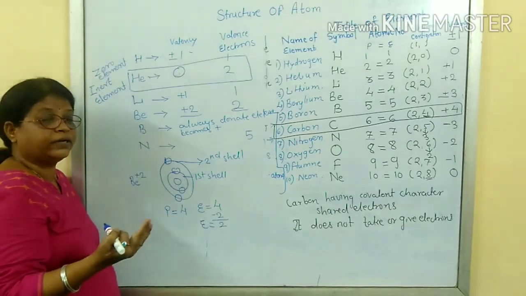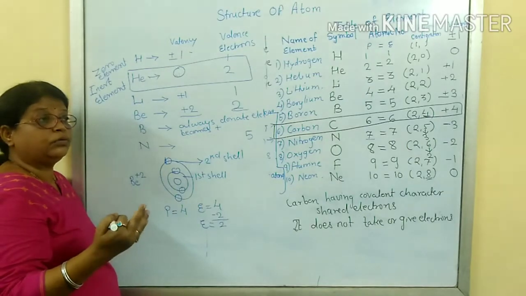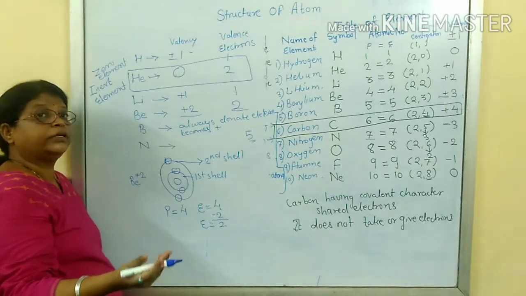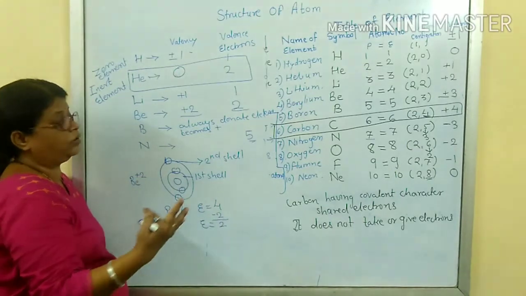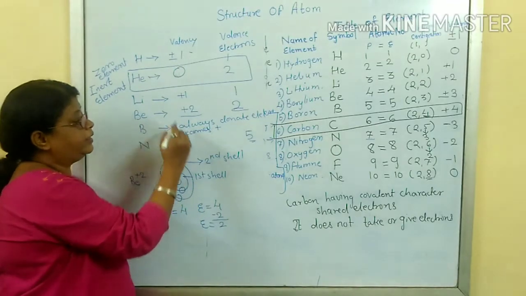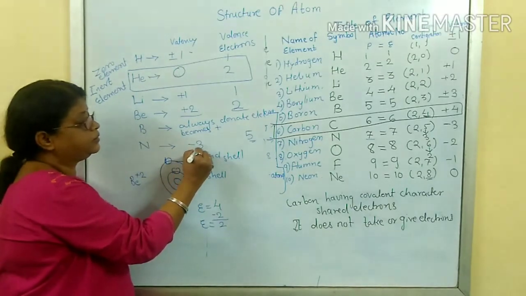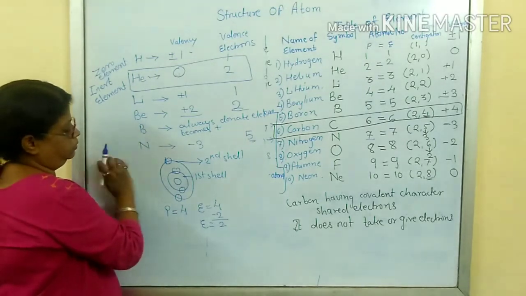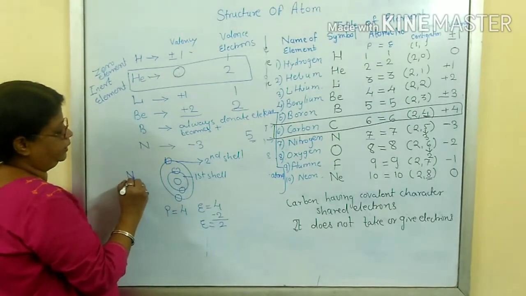It is very difficult to donate those 5 electrons, so they accept 3 electrons from another atom and become minus 3. Here we can see an example.